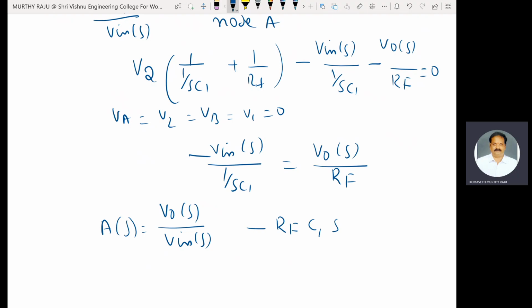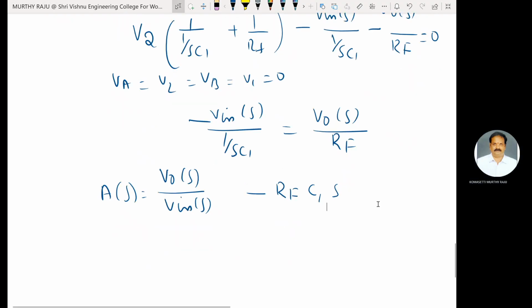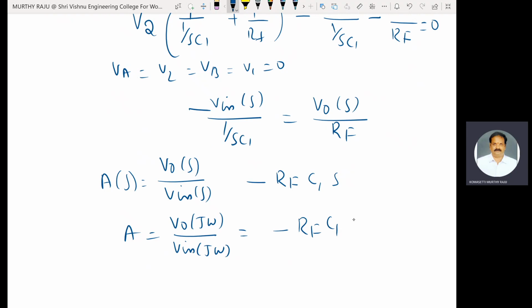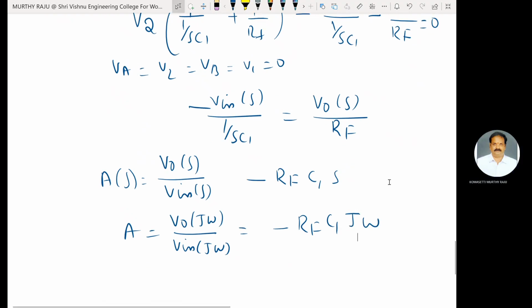We know that A is equal to V0 of j omega by Vin of j omega, which is minus RF C1 S, with S equal to j omega.